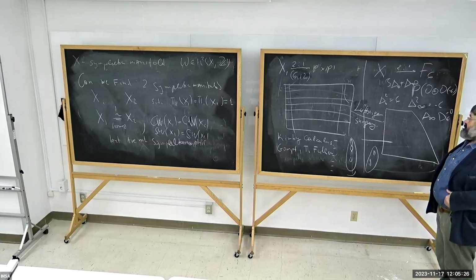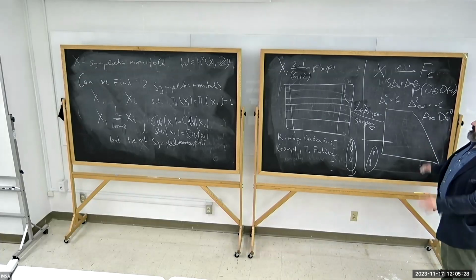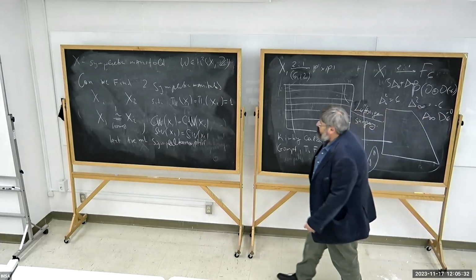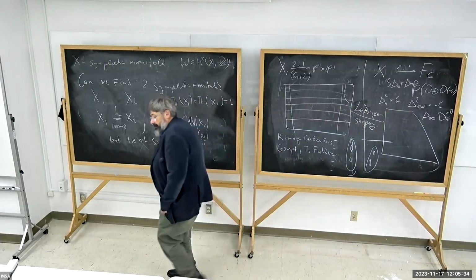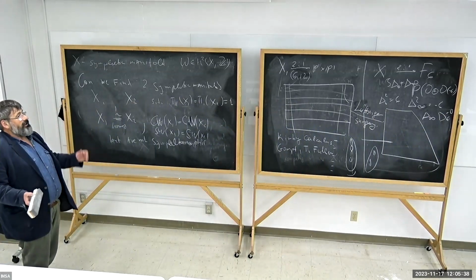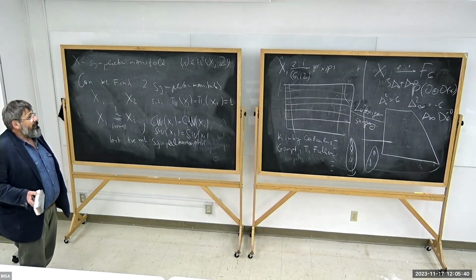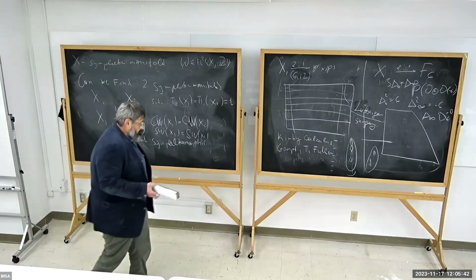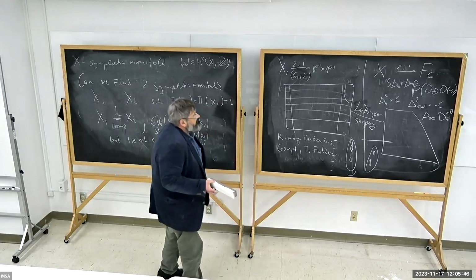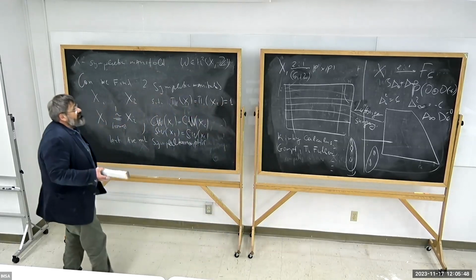So in any case, these are the examples, and what you want to try to do is distinguish them, and obviously you don't succeed. The reason is that there are some things which you can easily compute.